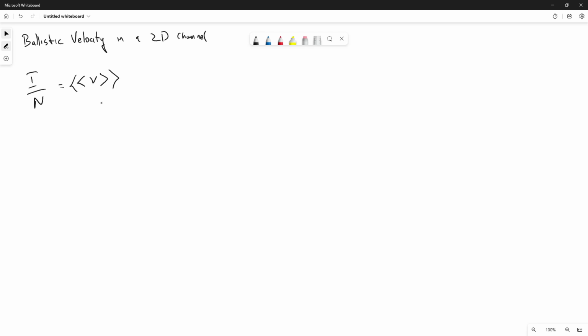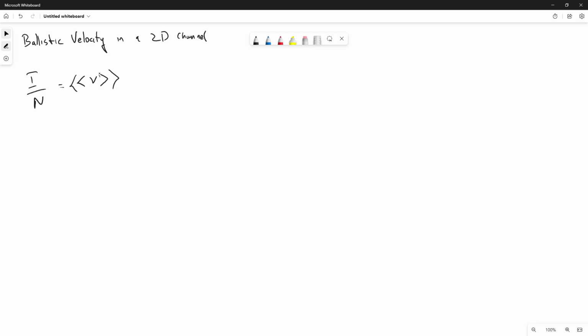So not only are we averaging the velocity over the different electrons, we are also averaging over the different values of velocities. Is that clear? That is why we put this double average symbol.